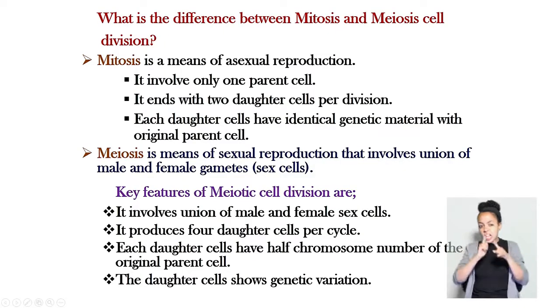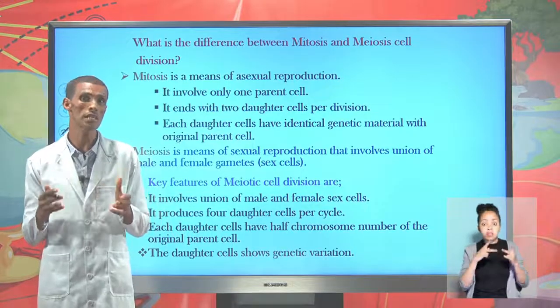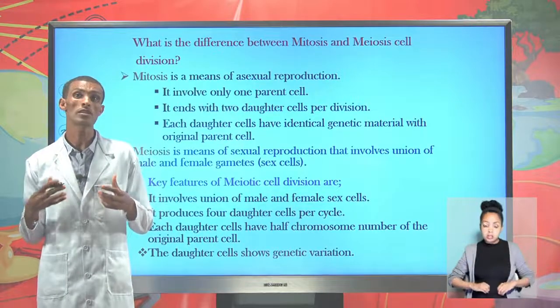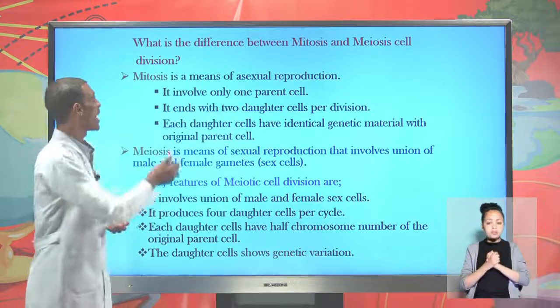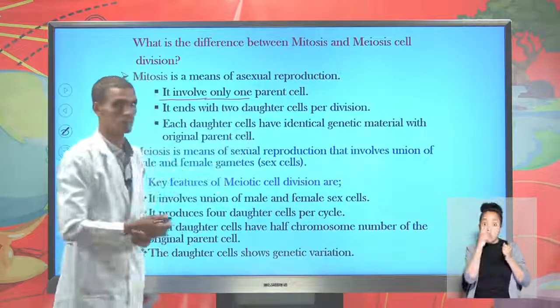Mitosis is a means of asexual reproduction that mostly takes place in unicellular organisms, but also takes place in multicellular or eukaryotic organisms during cell growth and differentiation. Mitosis involves only one parent cell.